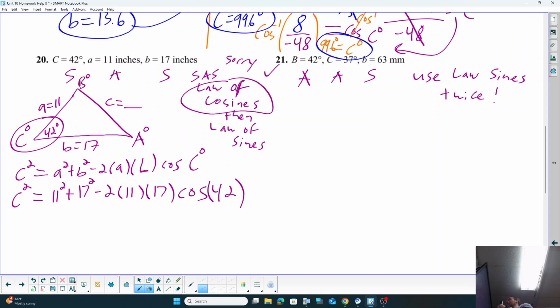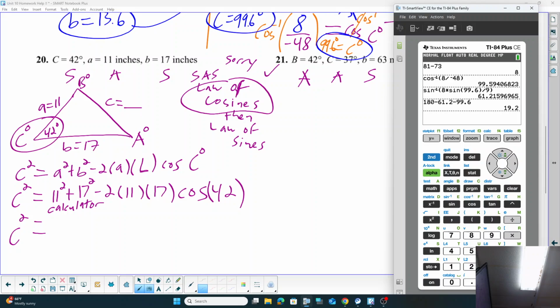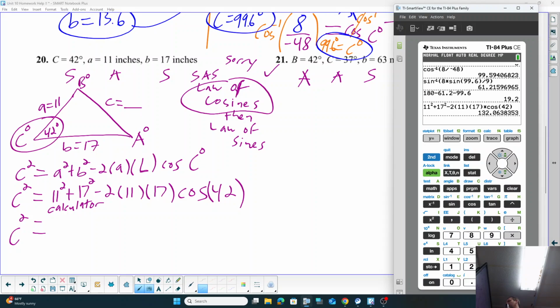Now you can just plug this whole thing into your calculator and then square root it. So we're going to go 11 squared plus 17 squared minus 2 times 11 times 17 times cosine of 42 degrees. That gives us a huge number, 132.063.